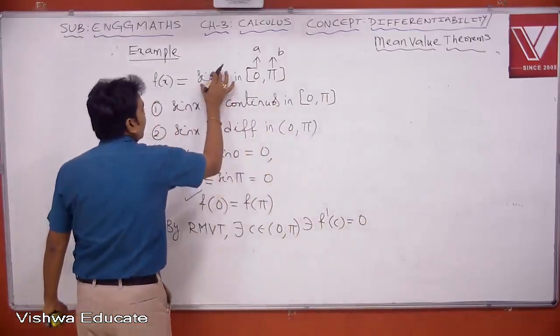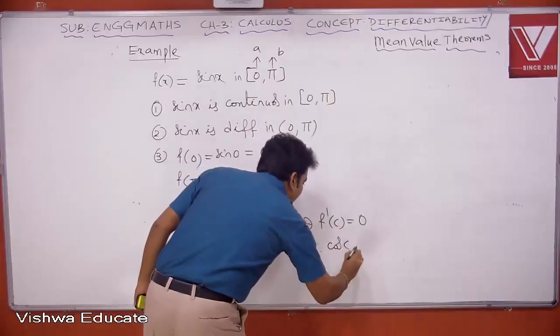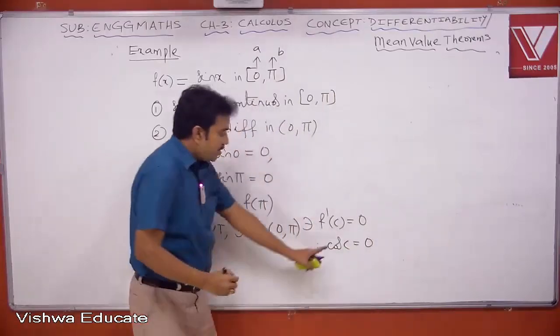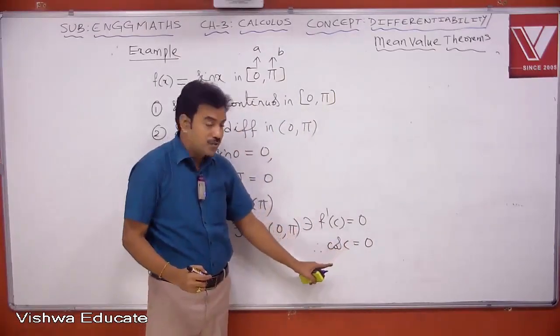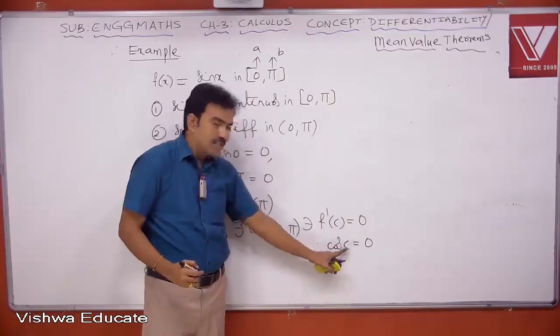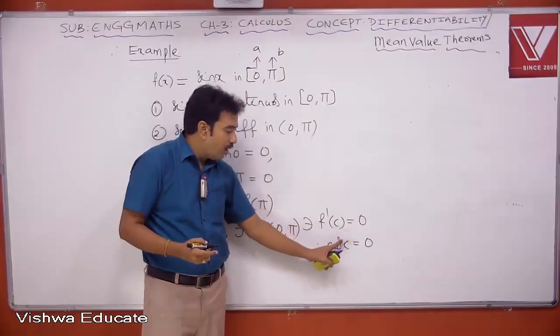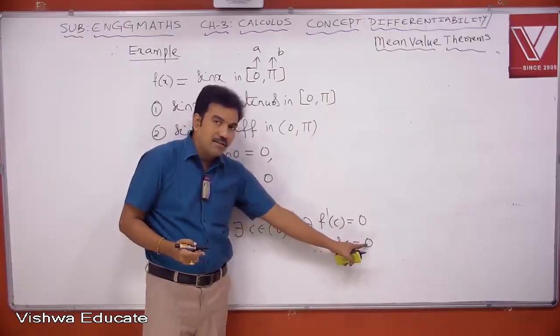Now, what is the derivative of this function? Cos x. So the derivative at c is cos c. Cos c equal to 0. This equation has infinitely many solutions. For all odd multiples of pi by 2, you can take c value pi by 2, 3 pi by 2, 5 pi by 2, the value is 0.